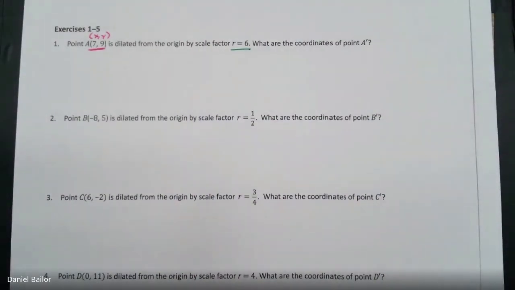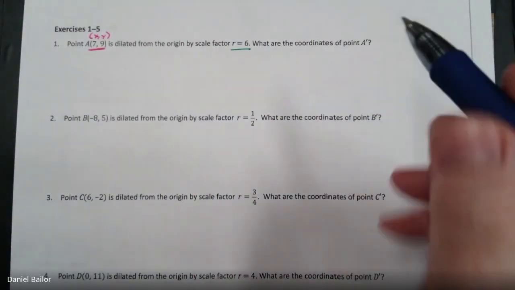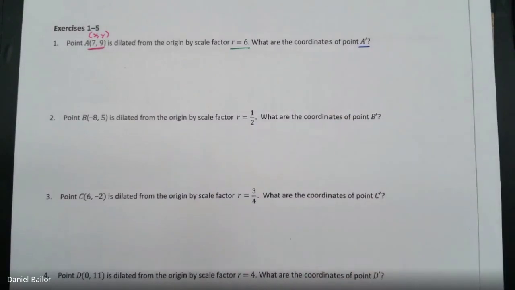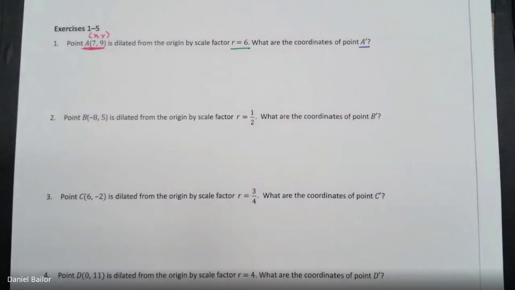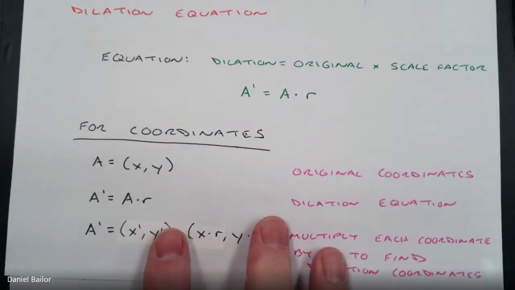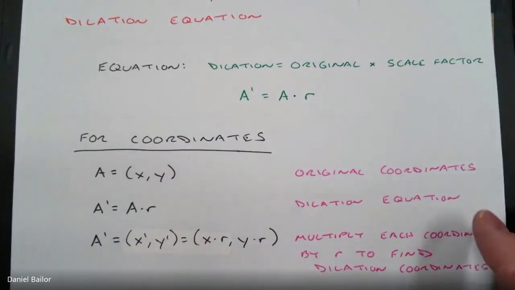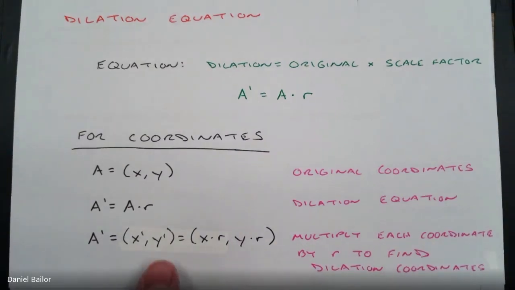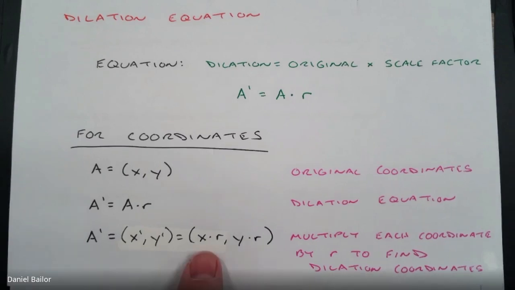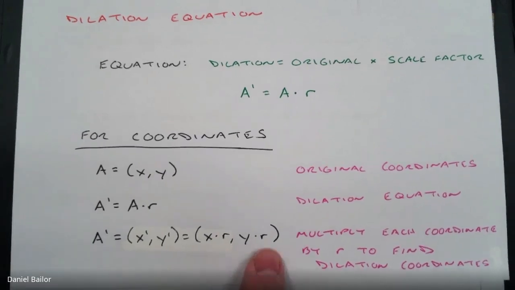What are the coordinates of A prime? So we have A, we have the scale factor, and we have A prime. We are going to use the dilation equation, the coordinates, and the scale factor to find A prime. To find A prime, we need to do X times R and Y times R.